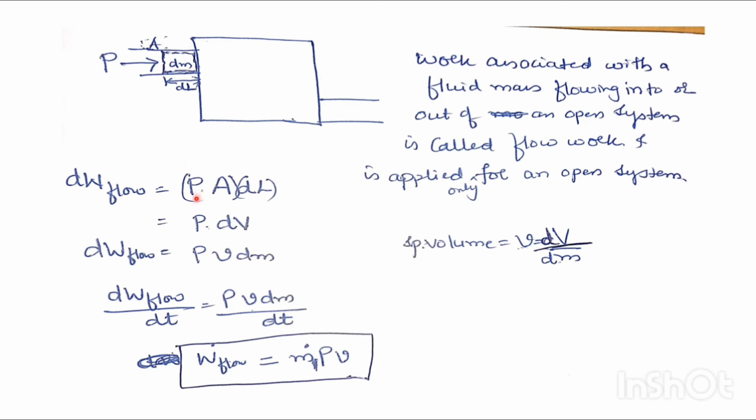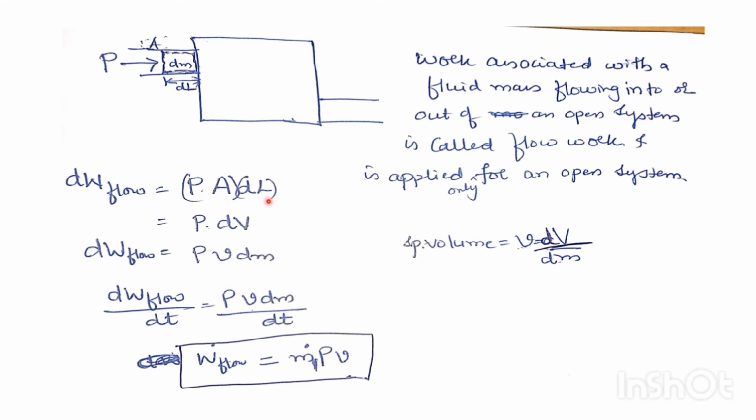You can see here, P into A. That means with some force, this mass is entering inside the system. Work is force into distance. Force is replaced by P into A in order to push this mass dm throughout this length inside the system. Force is nothing but pressure into area, into dl to move this distance.